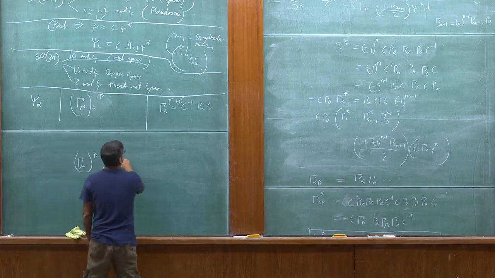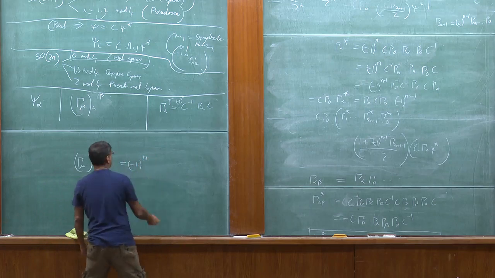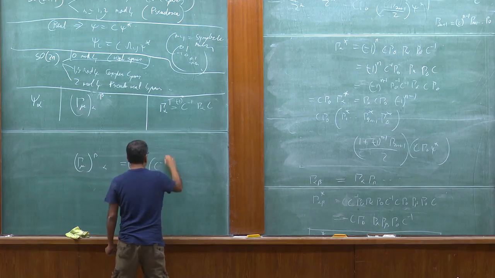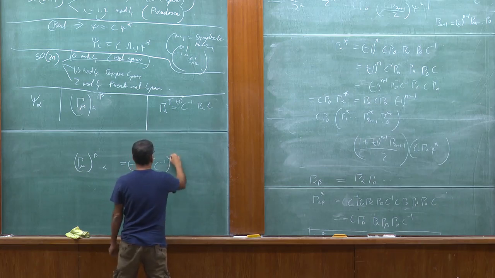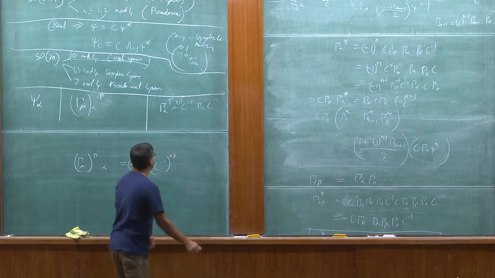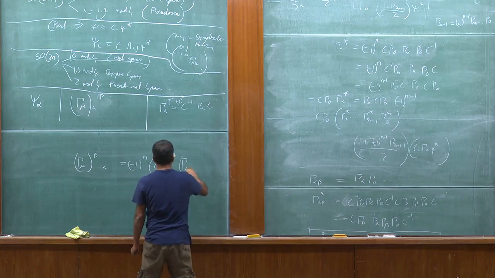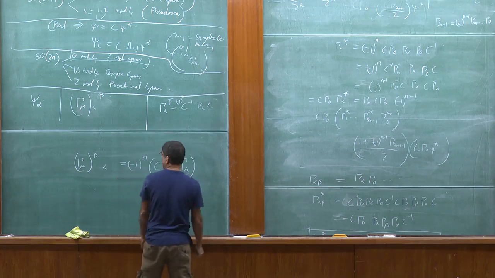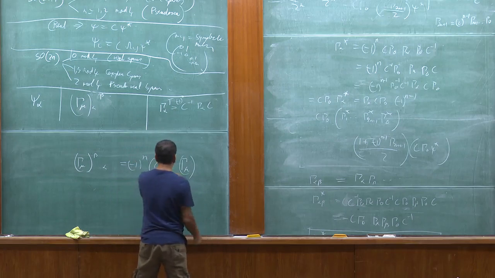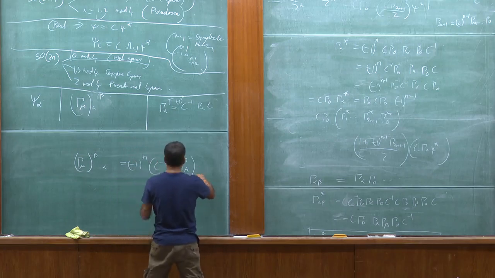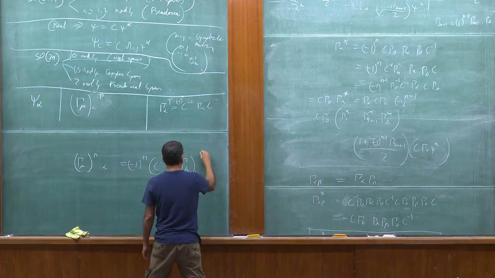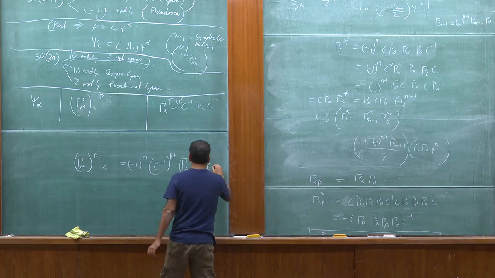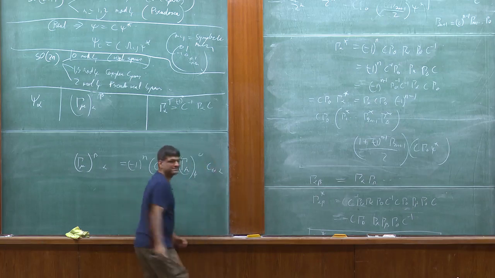It is equal to minus 1 to the power n, which plays no role, times C inverse, let's call it theta phi, gamma mu beta phi, then gamma mu, which had the index structure lower with upper, so phi theta, and then C theta alpha.